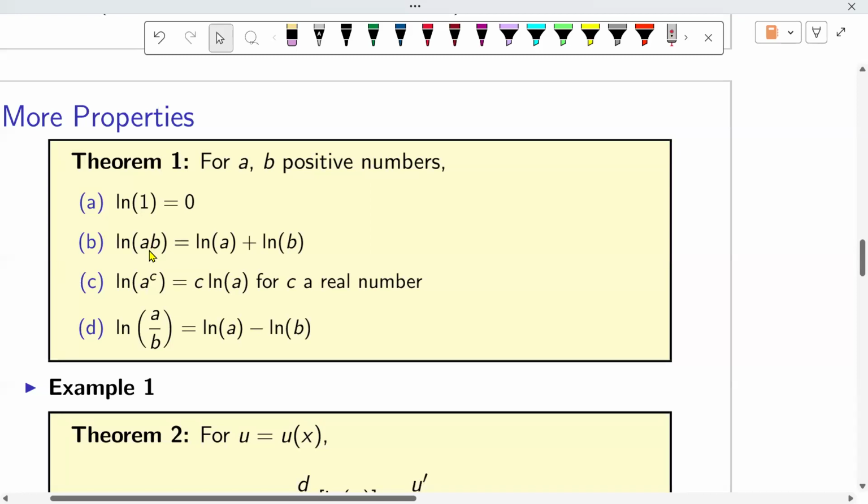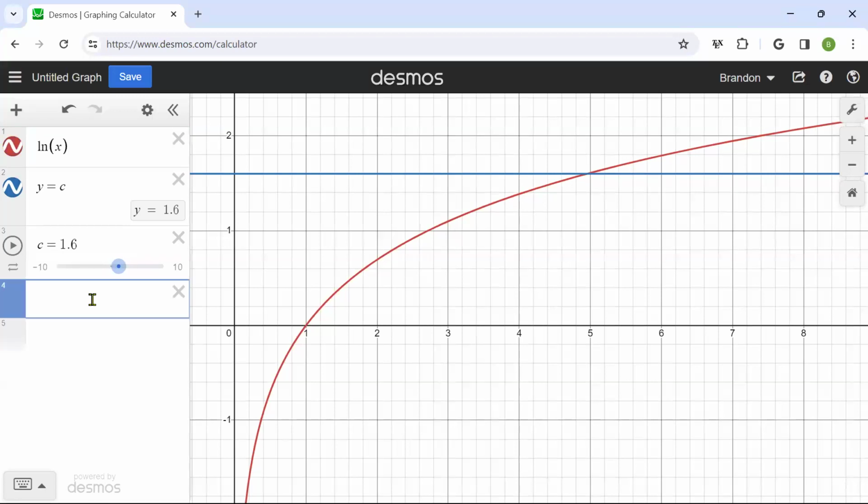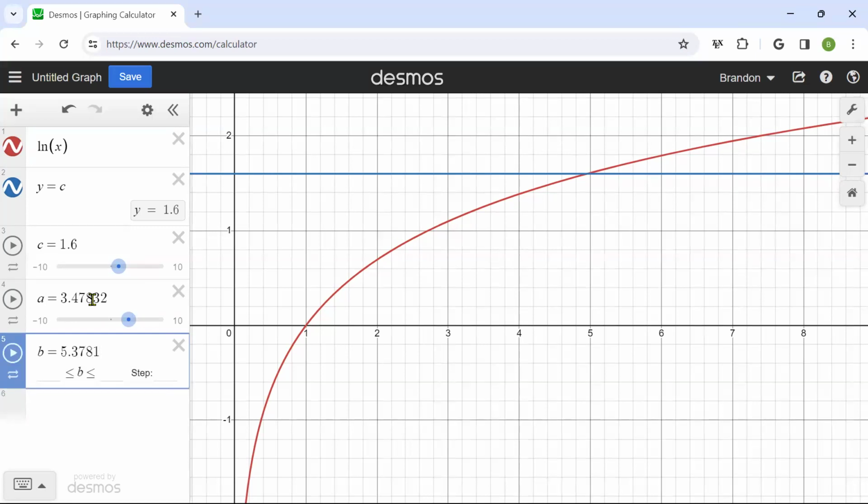It says that the natural log of a times b is the same as the natural log of a plus the natural log of b. Isn't that amazing? I mean, if you're me, it's amazing. So for instance, I'll just make up two random numbers here, a and b.